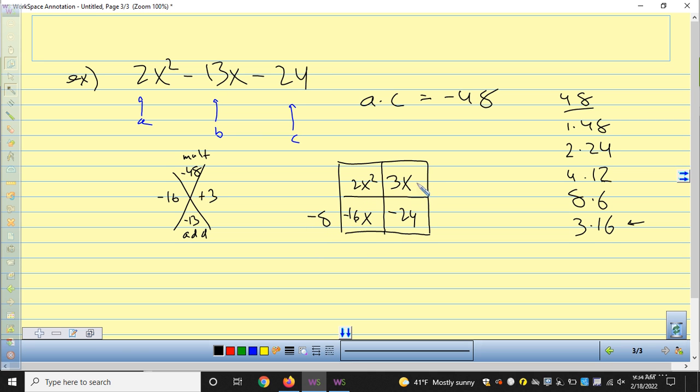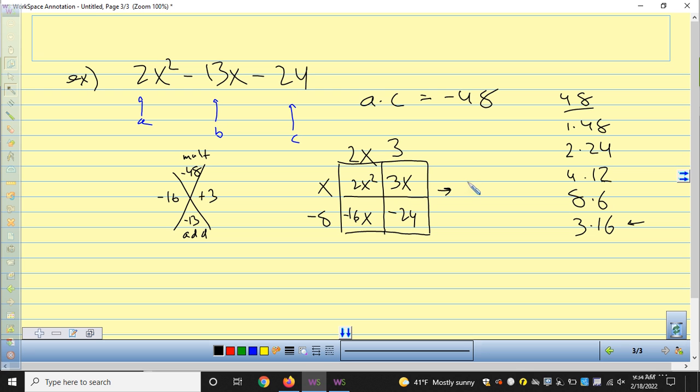This way, let's do this one first. Biggest number that goes into 2 and 3? 1. And the smallest x that's in both of these? 1x. Here, the biggest number that goes into 2 and 16? 2. And the smallest x here? 1x. Biggest number that goes into 3 and 24? 3 goes into 24, and they don't have an x here.